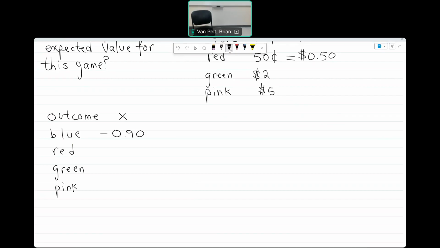Negative 0.5, so that's negative 50 cents. How about green? It's positive there. How about pink? Positive 4. So you need that and you need this.